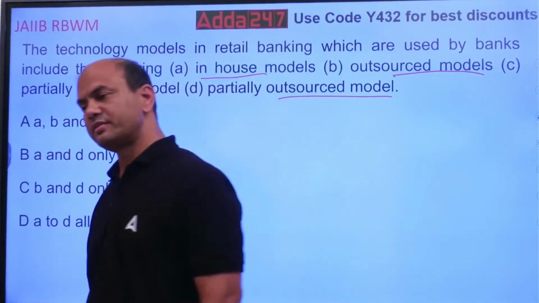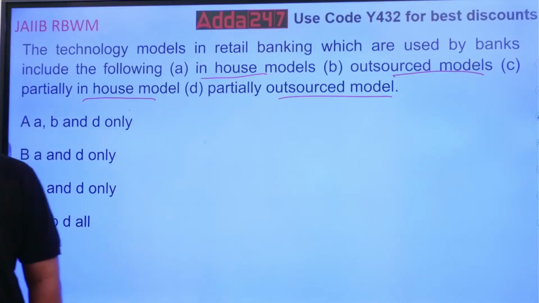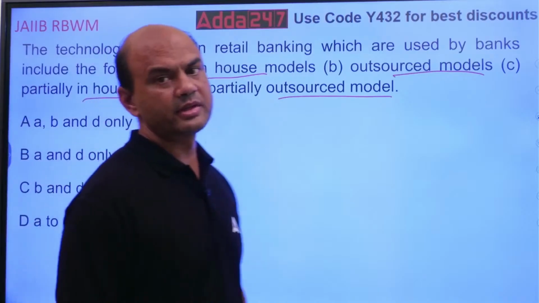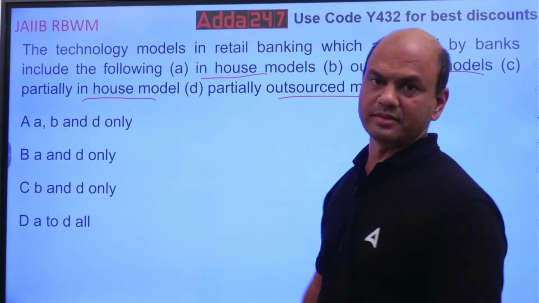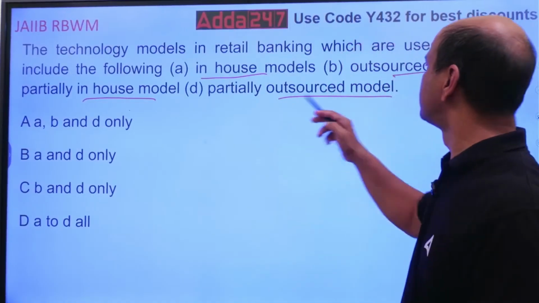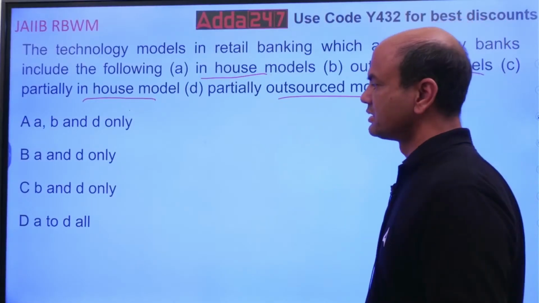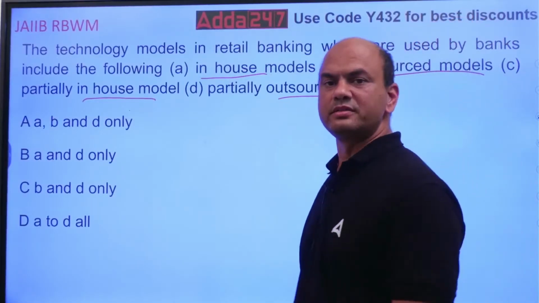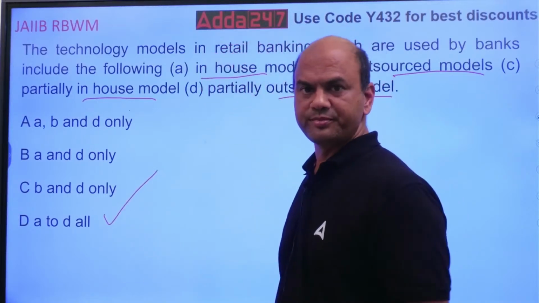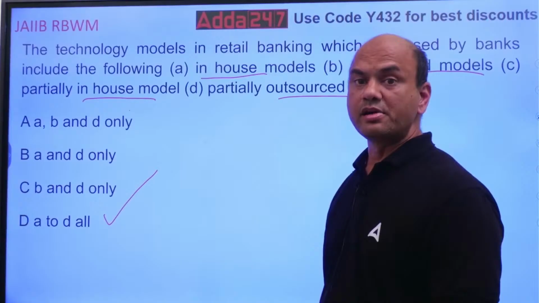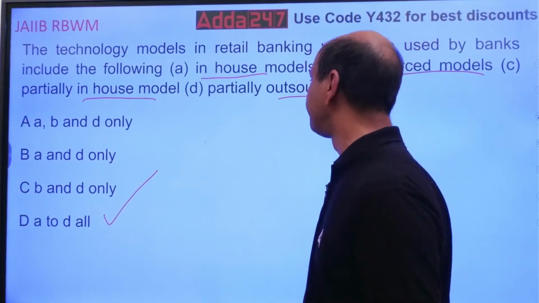Now think, everyone. Okay, firstly solve this question. In-house, outsourced, partially in-house and partially outsourced. Answer is what? A to D, all of them. Because every bank uses differently, but which bank uses what?